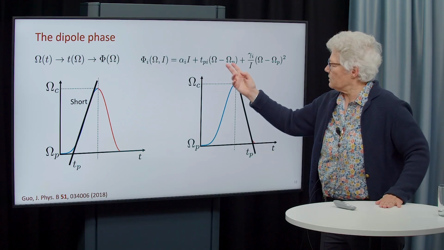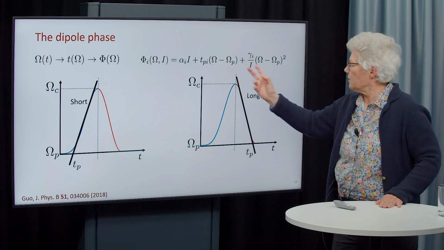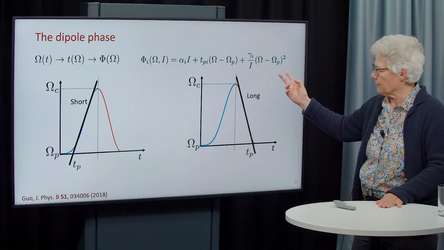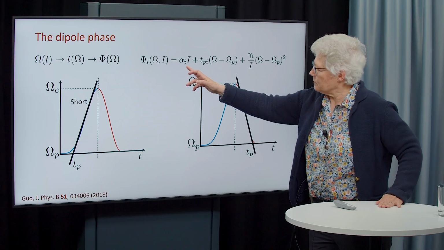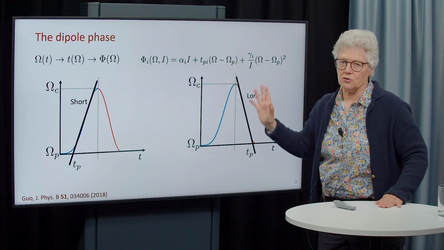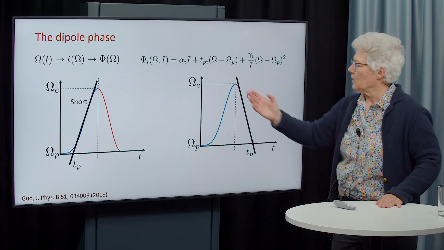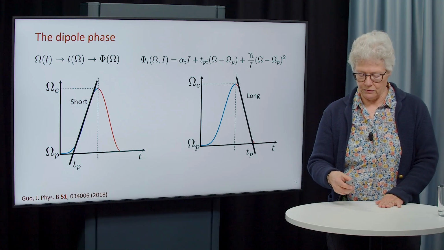But it's a similar development with three terms: a phase, a delay, and a group delay dispersion. And what is very nice is that the first term and the last term depend on the laser intensity. The group delay does not depend on the laser intensity. And this expression is very useful to discuss the properties of this radiation.